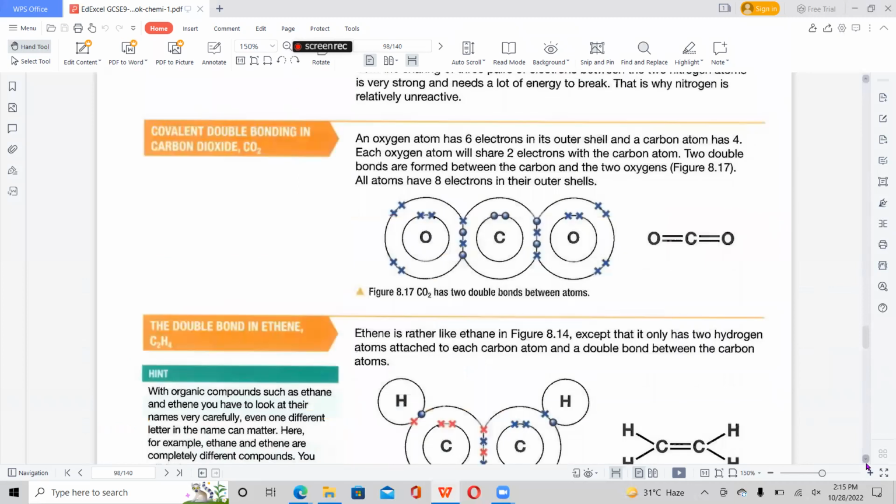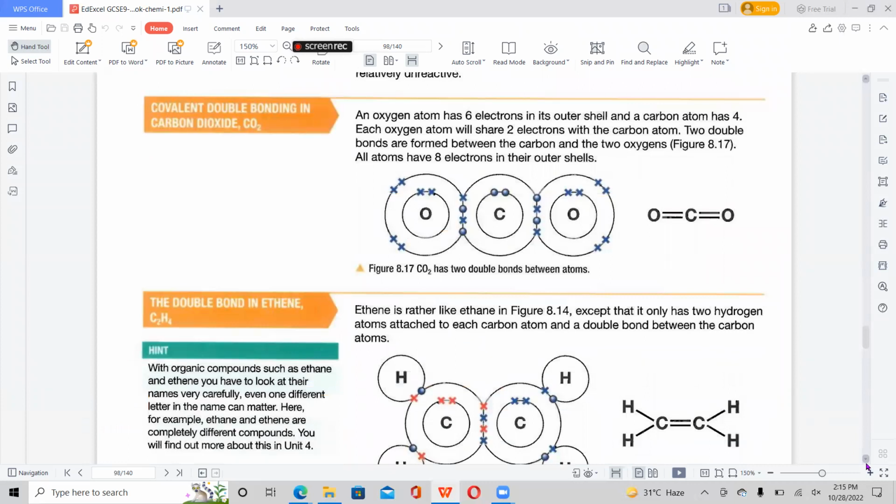Next case would be CO2. There are double bonds present between the atoms. We have studied that carbon, when attached to something more electronegative than carbon, would carry a positive charge. The carbon maintains distance from its electrons, as they are strongly attracted by both sides, since it is surrounded by two highly electronegative oxygen atoms.